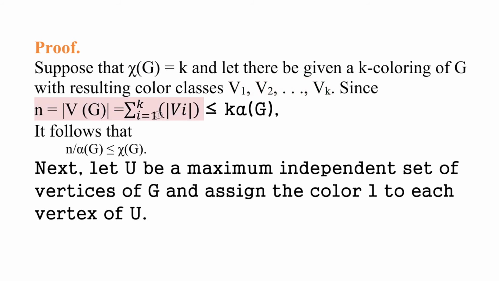Since n is equal to the cardinality of V of G, that is equal to the summation of the cardinality of Vi, that is less than or equal to k alpha of G, it follows that n divided by alpha of G is less than or equal to chi of G.